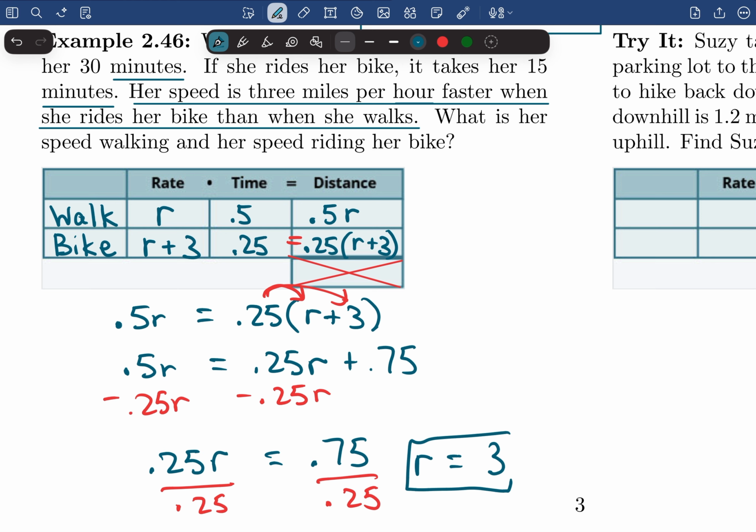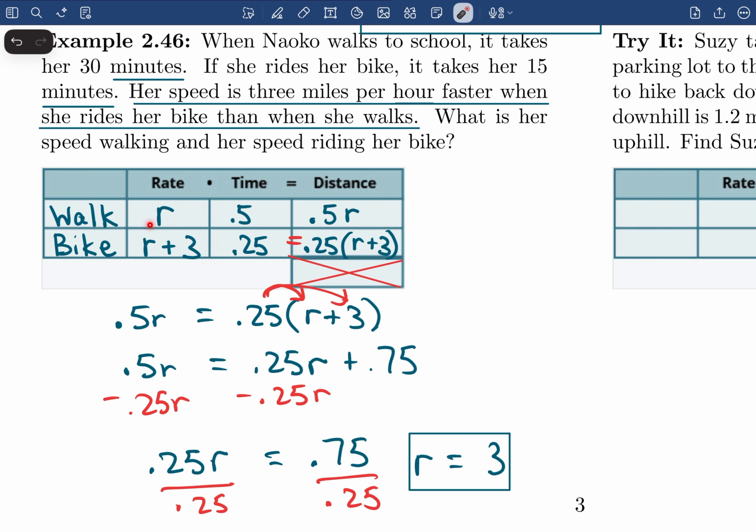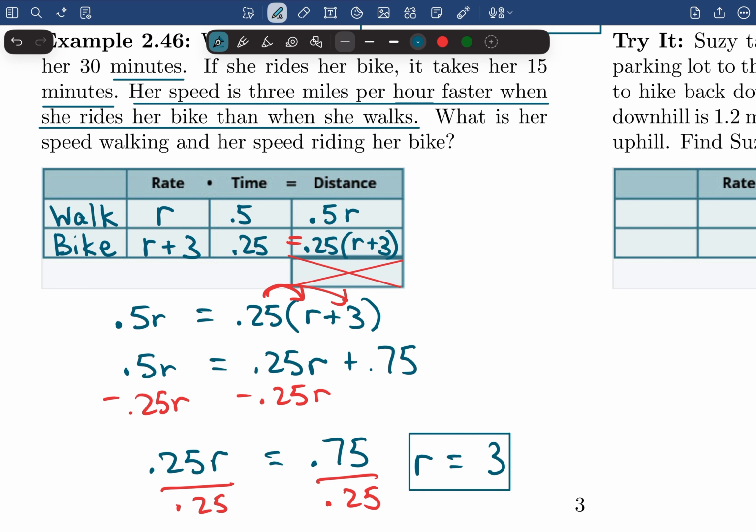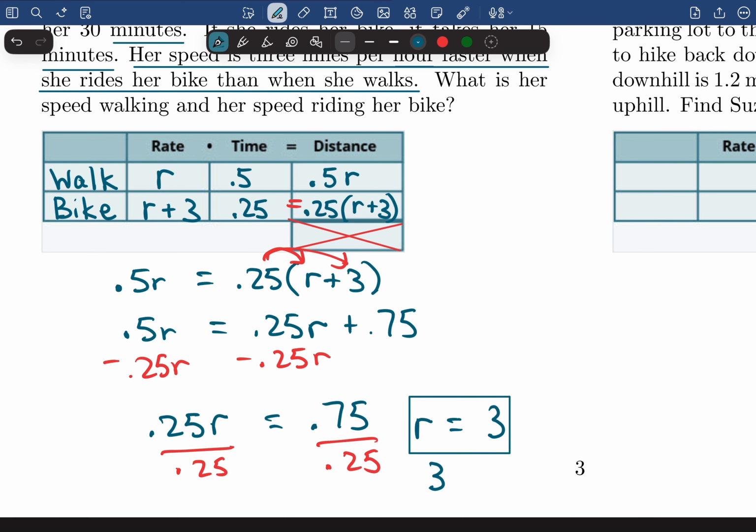Now's a great time to stop and think about what we said r was. Well, we said r was Naoko's rate when she's walking. And if I take that same number, which was 3, and I add 3 more, that'll give me her bike speed. So I'm going to take r plus 3, which is 3 plus 3, which is 6.